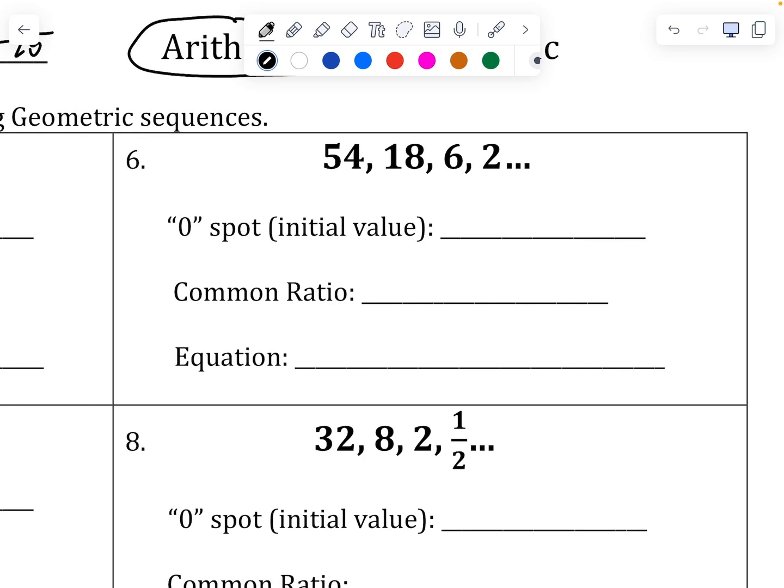All right, here we go. Let's go with number 6.